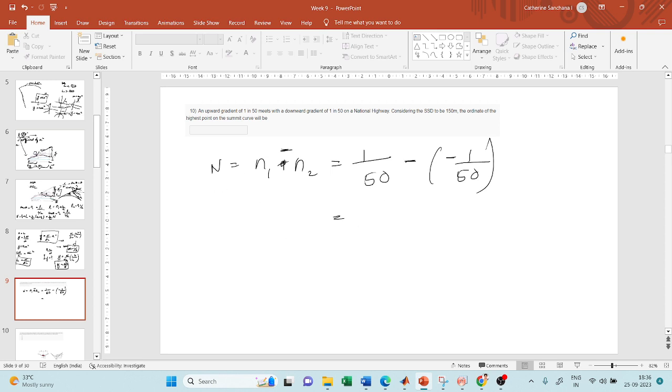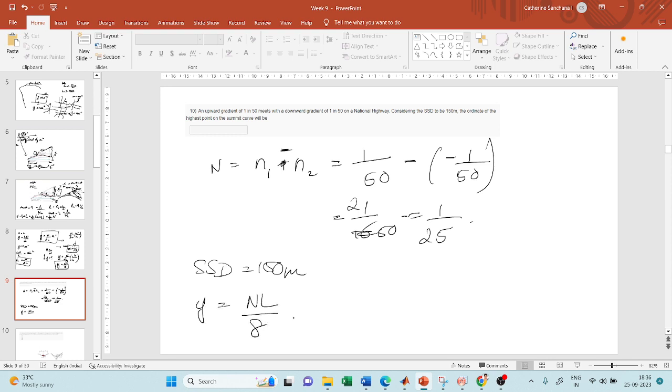So N is the algebraic difference between the two, so it is going to be 2 into 1 by 50, which is 1 by 25. Now they've given you SSD is equal to 150 meters and they've asked you for the highest point on the summit curve. Just now we saw that the highest point on the summit curve is NL by 8.